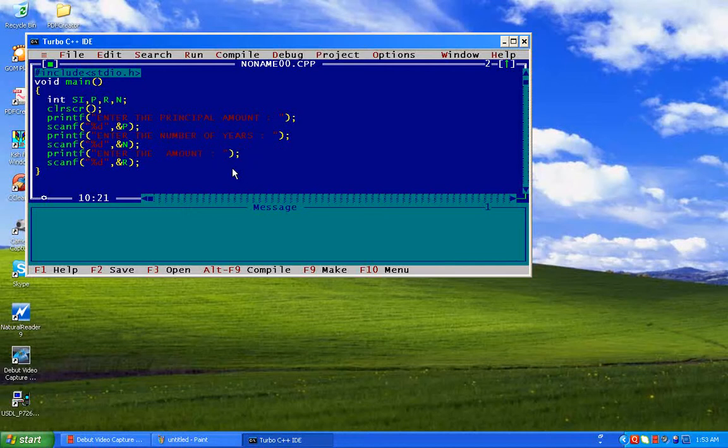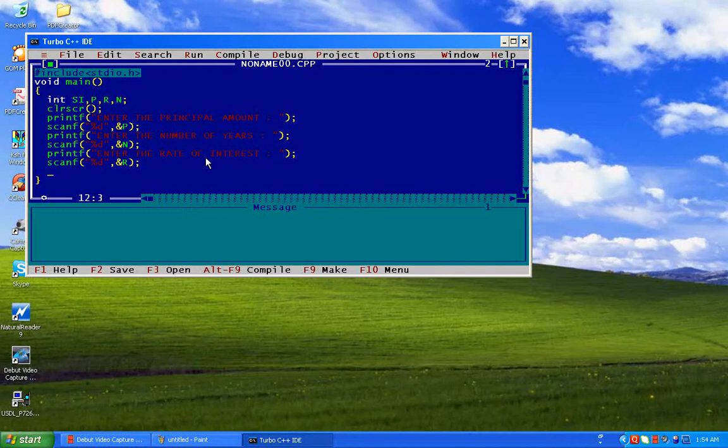Simple interest equal to %d, the value is replaced by %d, then we write the variable name, since I am using variables all in small letters. At the end I have to write getch, which is nothing but holding the screen.